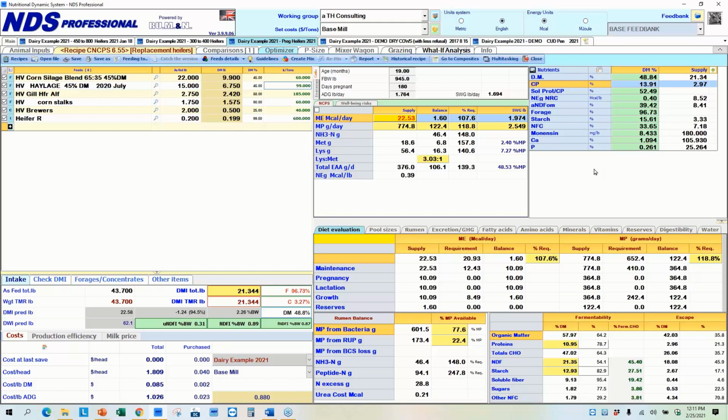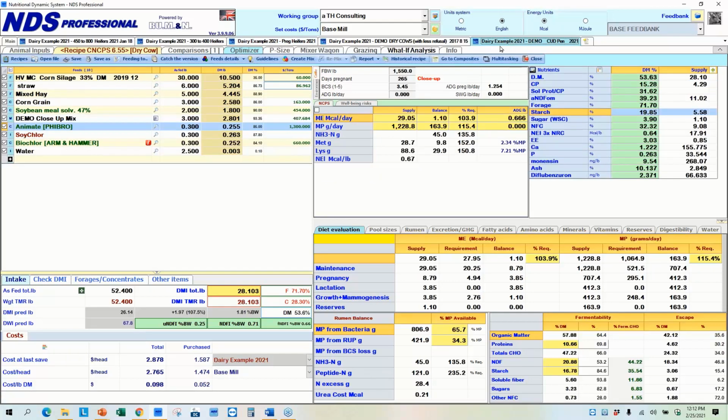Okay. And then some thoughts on balancing amino acids for dry cows, especially close up. What we know is that there is an increasing interest in feeding amino acids to close-up dry cows. Basically there are some guidelines.